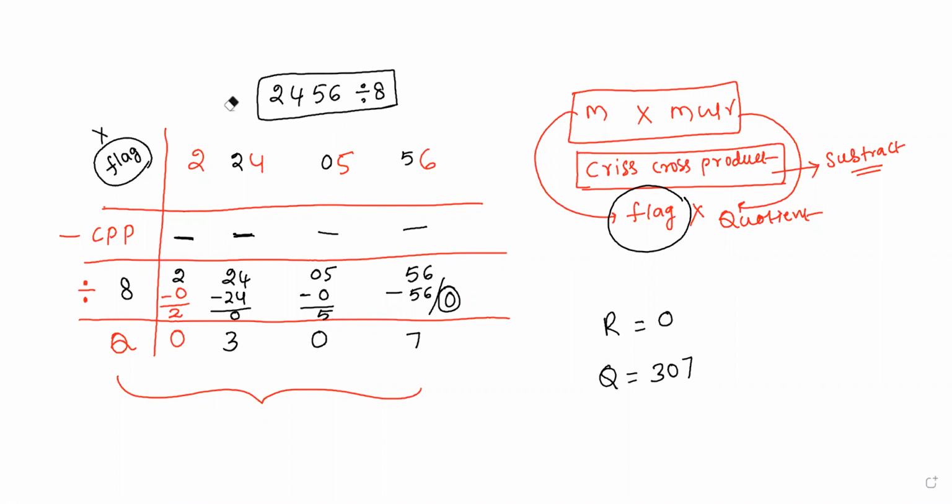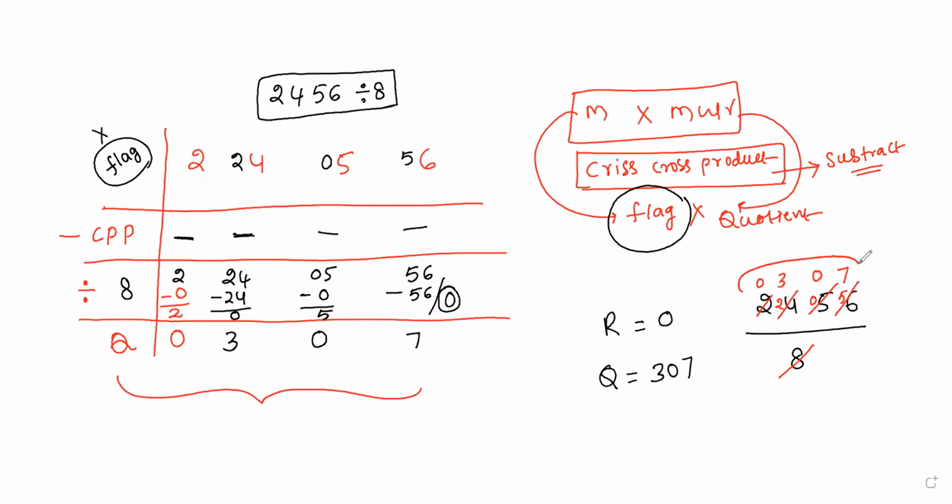No doubt? Then let me take another problem. Actually, this problem we can solve very easily like this. I already discussed yesterday, I think. In the 8th table, 8 zeros are 0 and 2 will be the remainder, and 8 threes are 24, 0 will be the remainder, and 8 zeros, 5 will be the remainder, and 7.